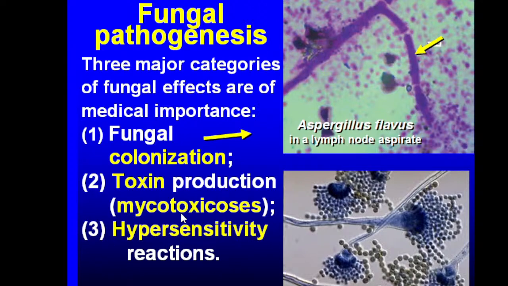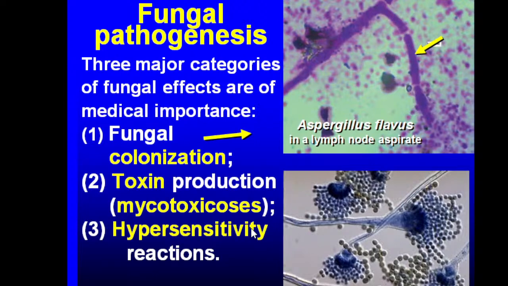And finally, we have the group of fungi that may cause hypersensitivity reactions in the body when inhaled or when they come in contact with the surface of our mucous membranes or skin. They may not grow in the human body at that moment, but they just cause hypersensitivity reactions.